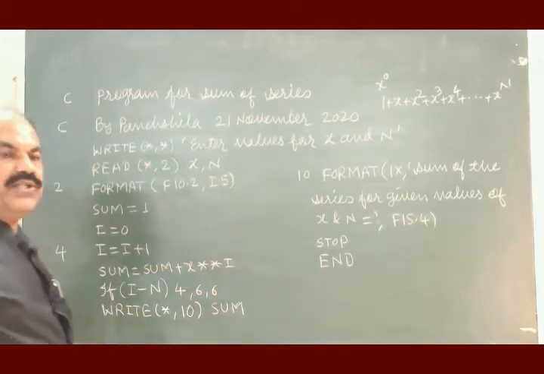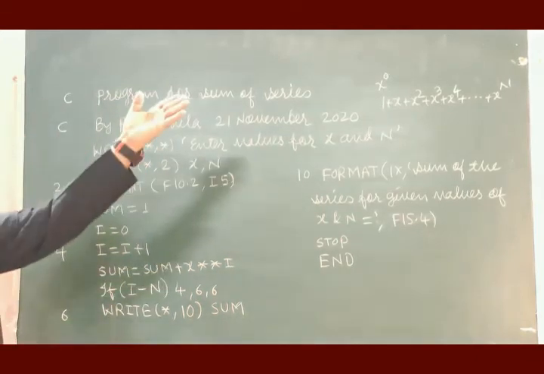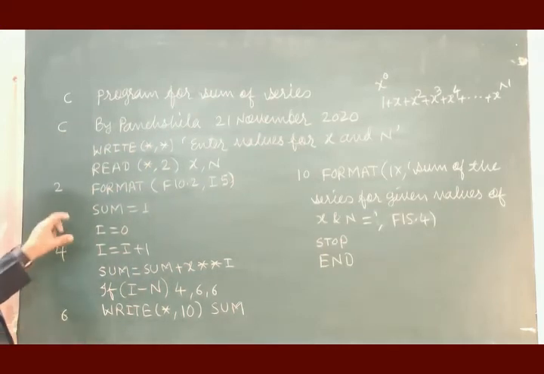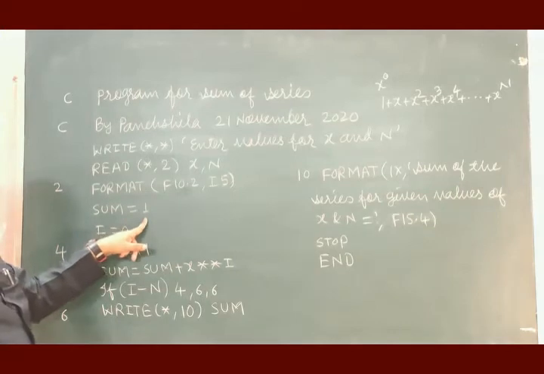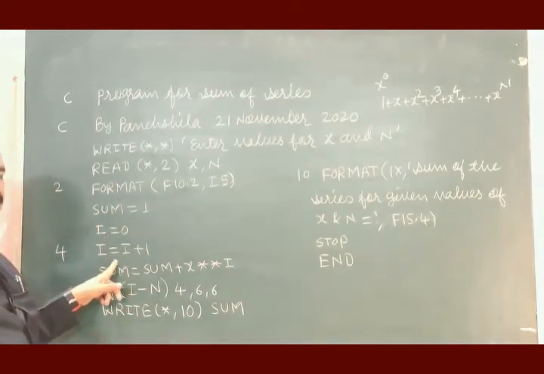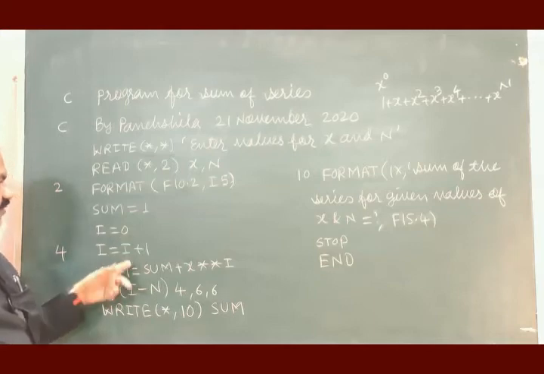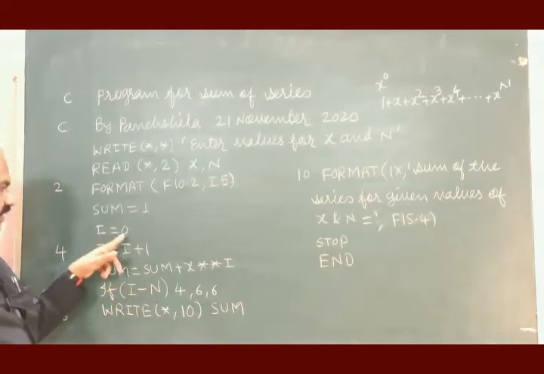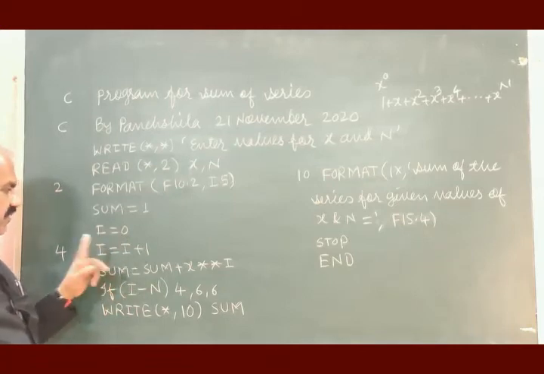Yes, this is the program for getting the sum of the given series. I explained up to this. One is the first sum, I incremented by 1, so I is equal to 0 has now become I is equal to 1, old value 0 plus 1.